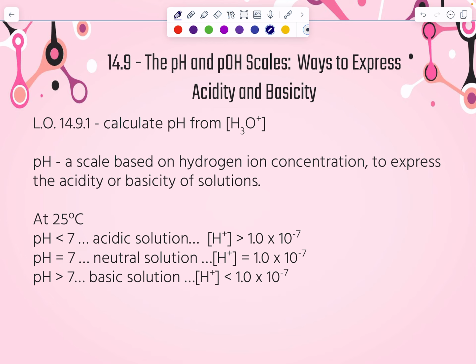Basically, pH, it's a lowercase p, capital H, because the H is standing for hydrogen. At 25 degrees Celsius, and temperature does matter, in a neutral solution, H plus and OH minus are both the same. They're both 1.0 times 10 to negative 7. That's not very big. In order for a solution to be acidic, it has to have more H plus than that.